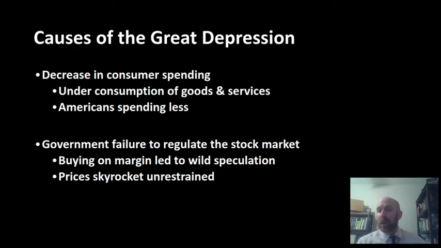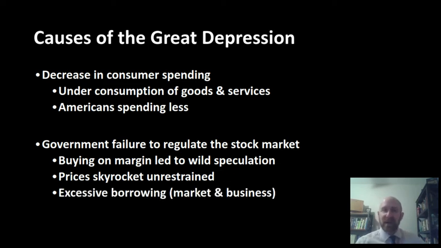Remember, during World War One, that artificially inflated demand, and so people thought, oh, businesses have been making money nonstop for the last 10 years, and they're going to continue to do that. And so people were buying stock that they shouldn't have, borrowing money that they really didn't have.